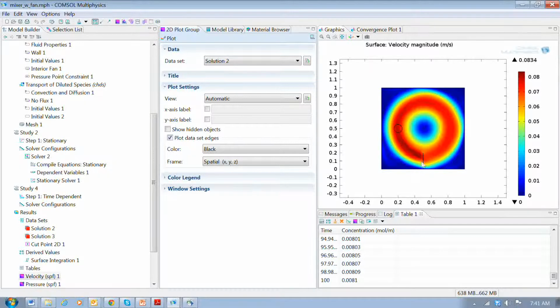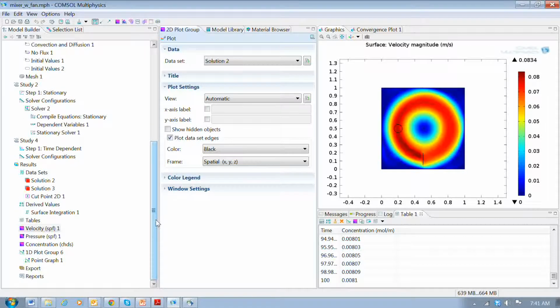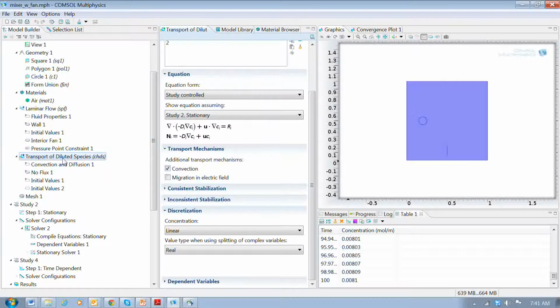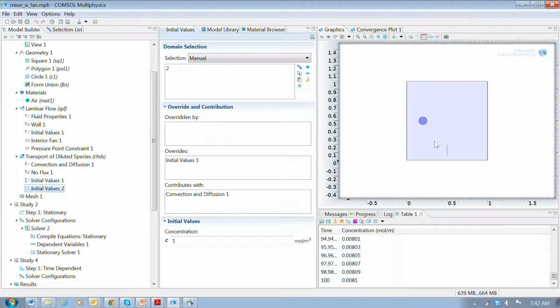We can imagine this as a tank where we're circulating the fluid, or a room perhaps with a fan in it, and we're interested in what the circulation pattern is. I added to this a transport analysis, and it's just the transport of diluted species, and all I did was put in an initial concentration right here.